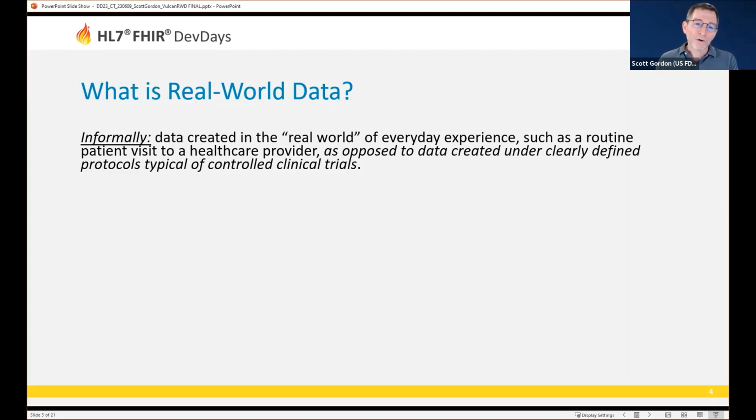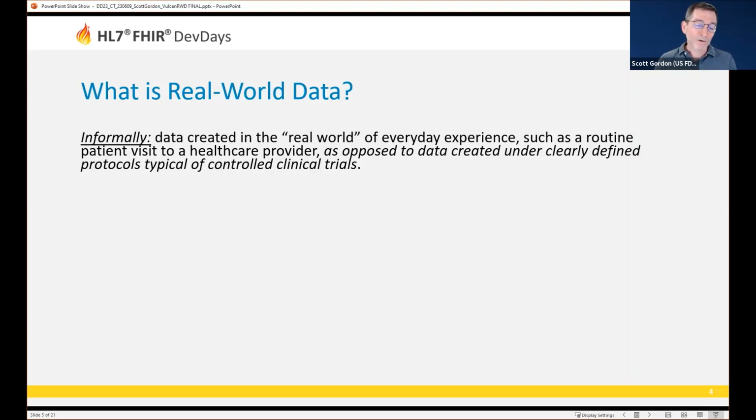It's information that is different from that collected under a protocol-driven controlled clinical trial. Your typical randomized controlled clinical trials, where a protocol defines the actions and the data collection.